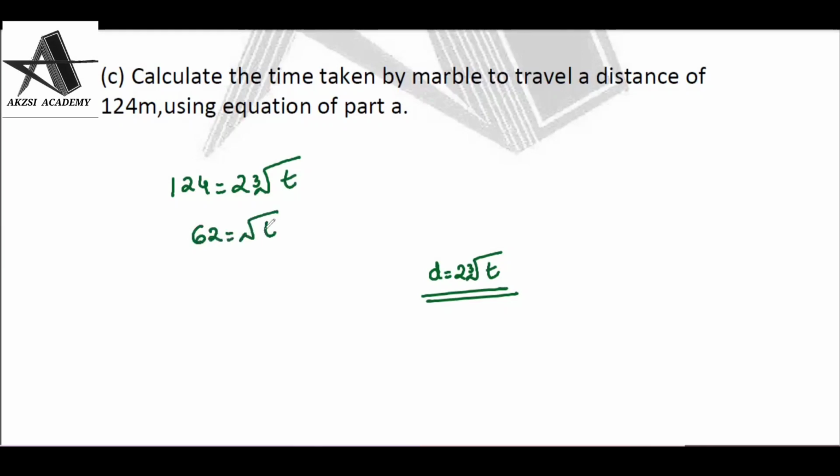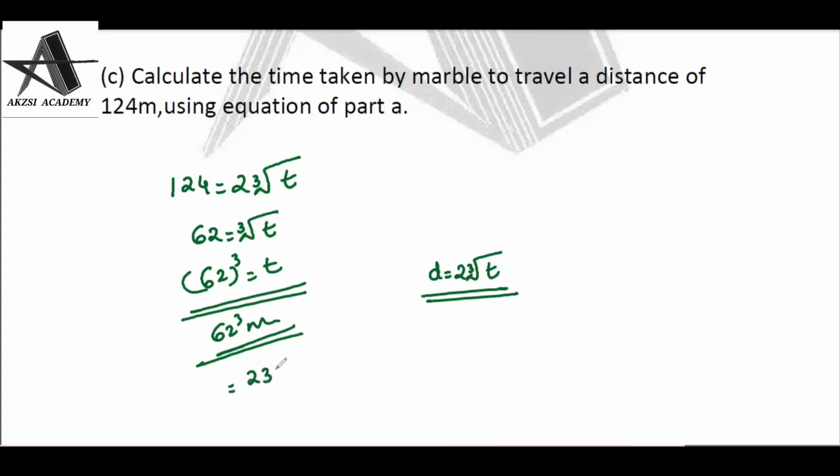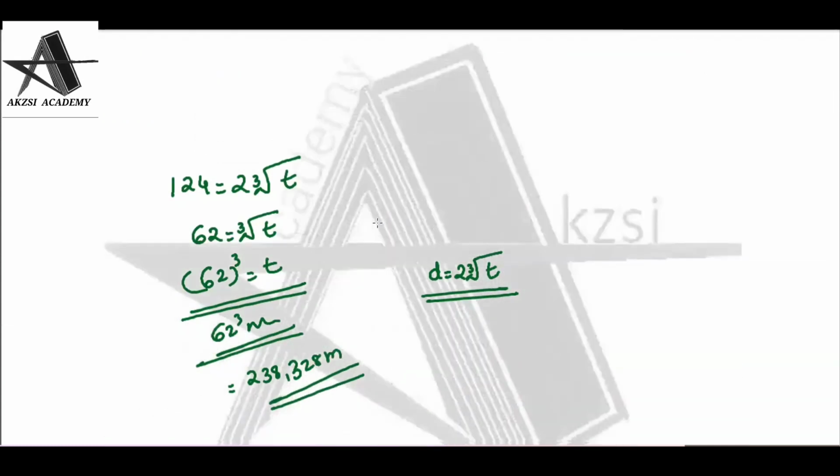Cube root of t. Cube both the sides, 62 cubed is equals to t. So the final answer will be 62 cubed, that is 238,328 seconds. So you can clearly see we have done all the questions of this worksheet.